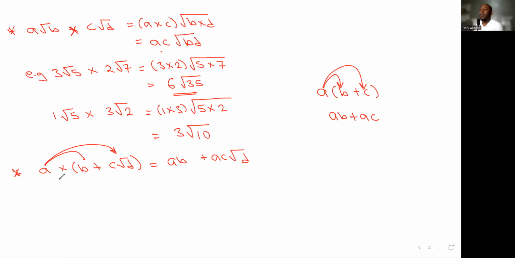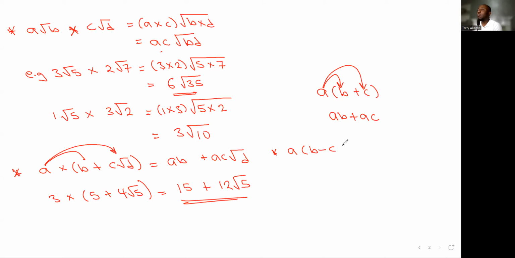So let's say we have 3 multiplied by 5 plus 4 root 5. Okay? So it's going to give us 3 times 5 will give you 15, plus 3 times 4 will give us 12 root 5. Okay? The same thing if it was a negative number. I told you A times B plus, minus now if it's negative. So assuming it's the same thing, but this time we have a negative number.